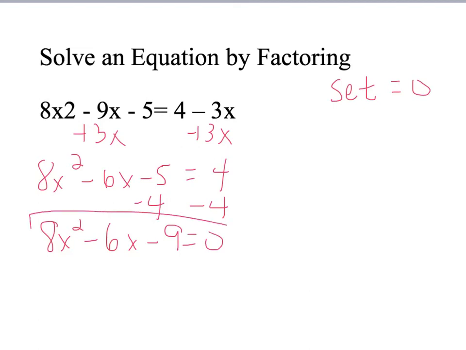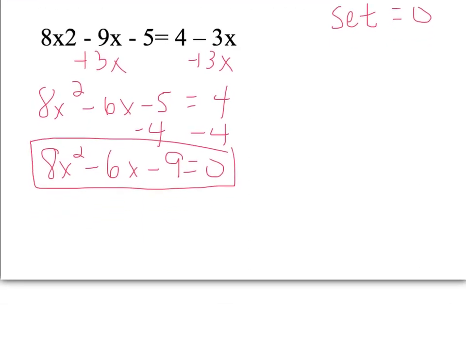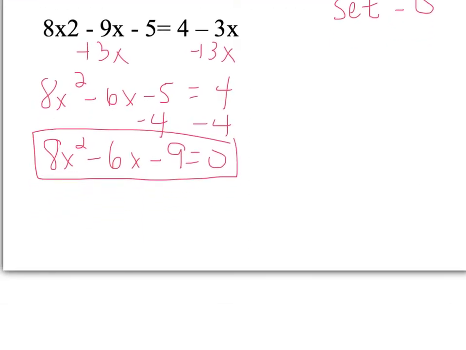Okay, so now I'm going to do my multiply and add table. Two numbers that multiply to negative 72 and add to negative 6. Here are my options.